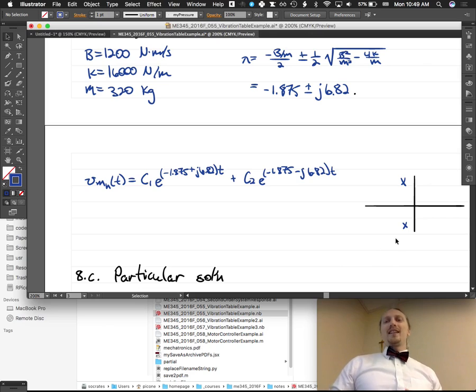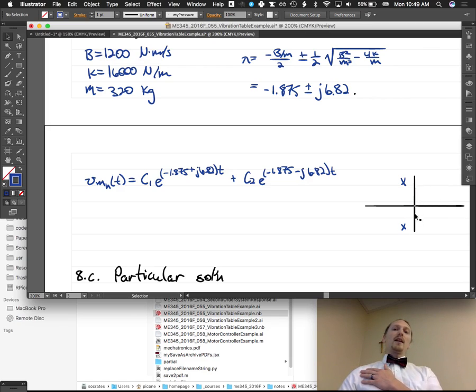So here's where our poles are, and like we said, they're stable because they're in the left half plane. They are also off the real axis. Therefore, we're anticipating what sort of unique aspect of our response? A damped oscillation, that's right. It's going to oscillate, and it's going to damp out because it's stable. If it was over here, it would be oscillating and increasing in amplitude.